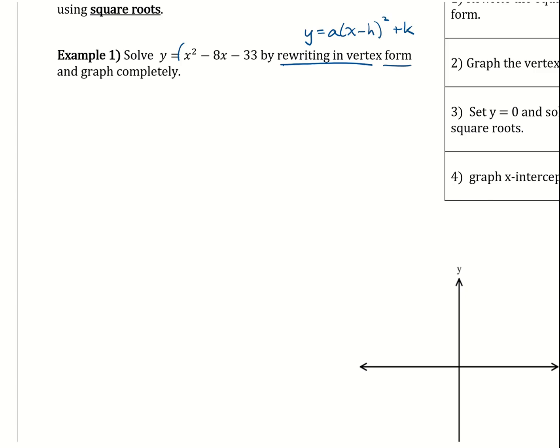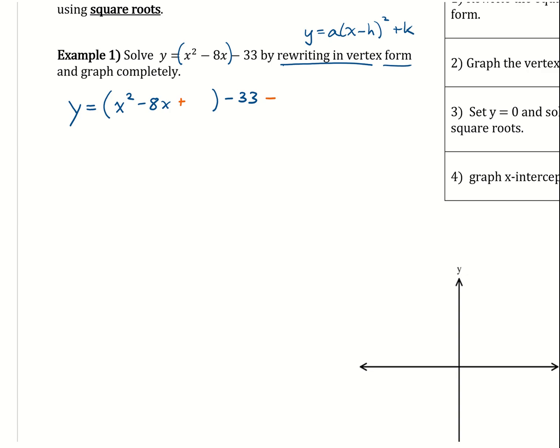We're going to start by grouping the x squared and the x term. If there is anything in front of x squared, you factor it out. We don't have anything, so we're going to go ahead and rewrite the x squared, the minus 8x. We're going to leave a space inside the parentheses, and the minus 33 goes on the outside. Now, to complete the square, we're going to add something inside and then subtract something outside.